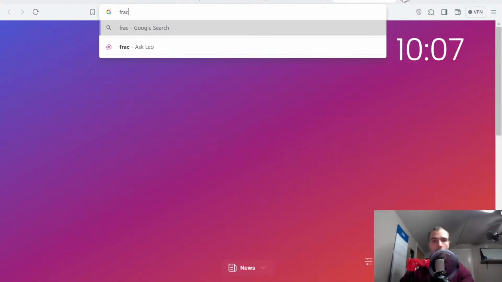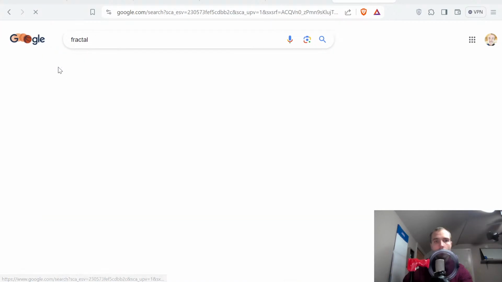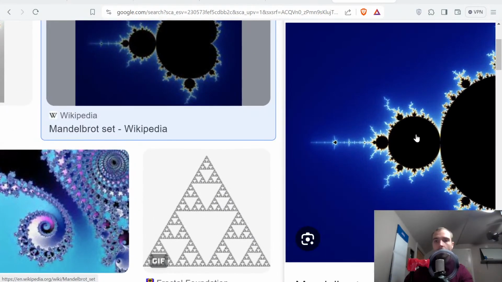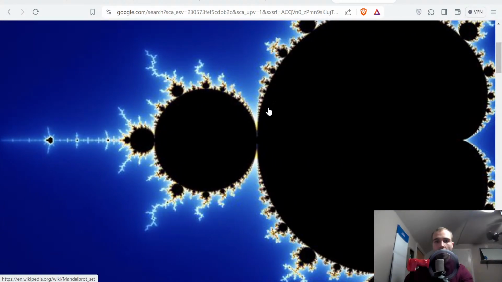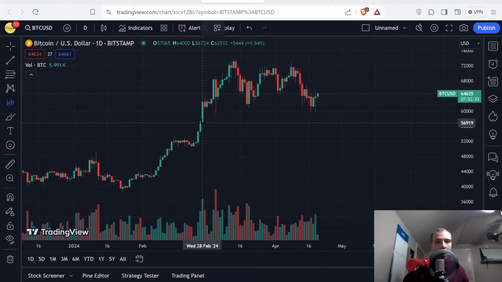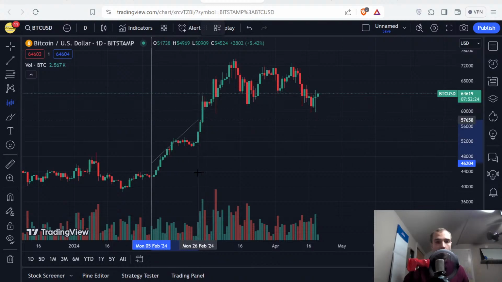So let's look at a picture really quick, and I'll just show you what I mean here. So inside of this fractal, you can see that these little circles are the same as the big circles, right? It's fractal. The microcosm is the same as the macrocosm. So that's also true for investing, right? We see patterns repeat. One of those patterns is a bull flag, but another fractal occurred right here on Bitcoin.